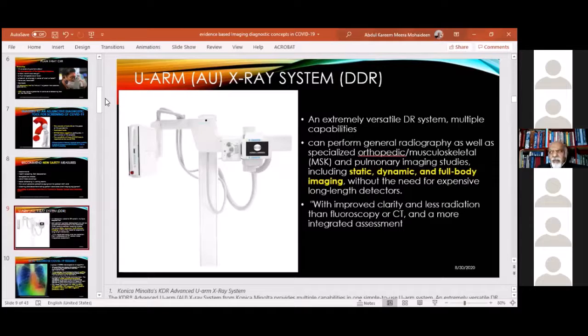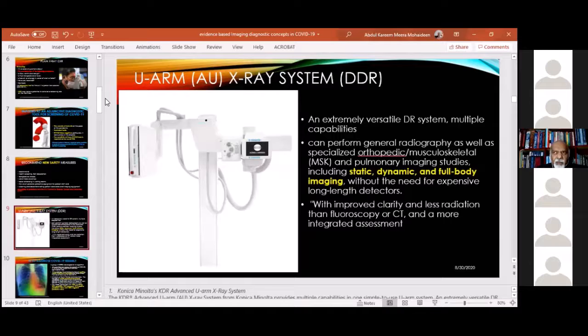You might have heard of C-arm, especially the orthopedic surgeons might have heard of C-arm. But U-arm is the new equipment that is being introduced in the COVID area. And this gives high resolution pictures, and it is being used for study of all systems in the body.